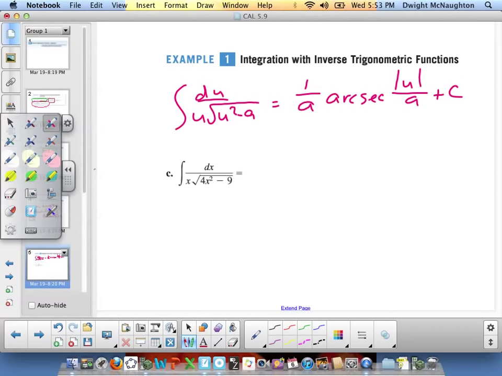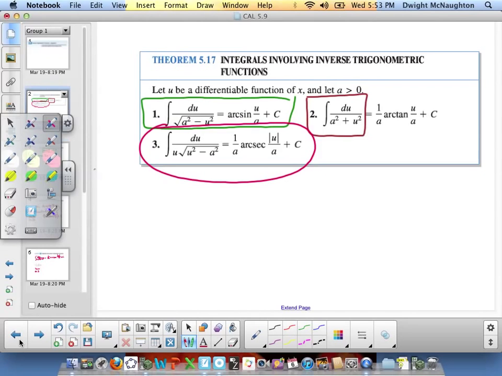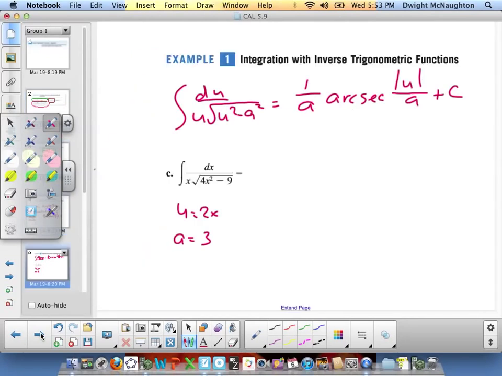That holds true as long as u is 2x, a is 3. Sorry, I copied the problem down. It should be a squared. Yep, a squared.